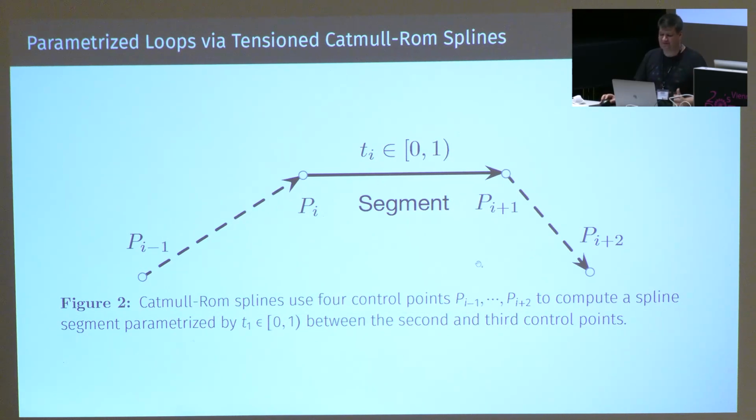This is a simple spline, and I picked it because it's very easy to use. The way the Catmull-Rom spline works, I want to interpolate between these 2 points, and I provide 2 additional points, a point before and a point after. And these 4 points will give me all the information I need to interpolate parametrically over this line segment here.